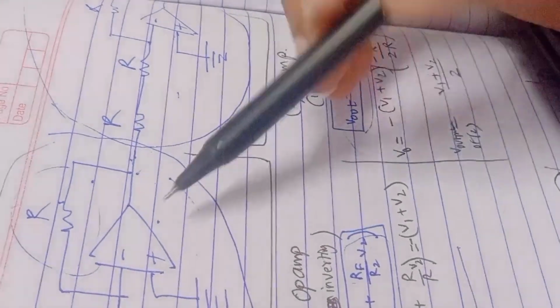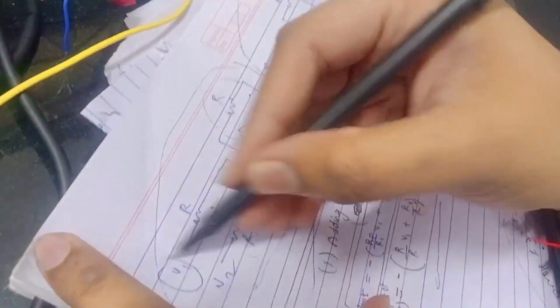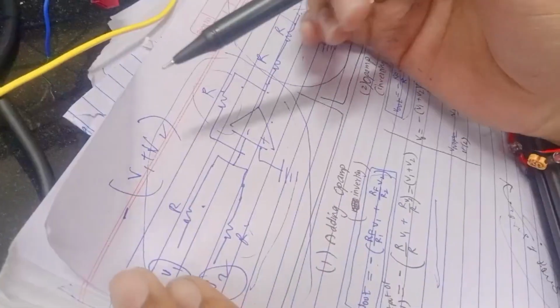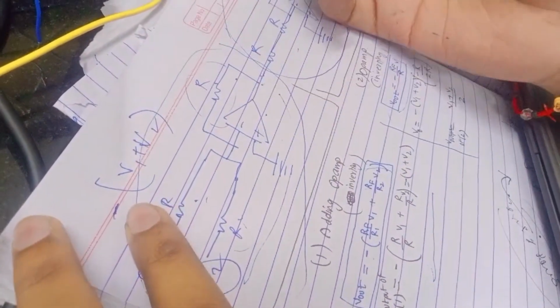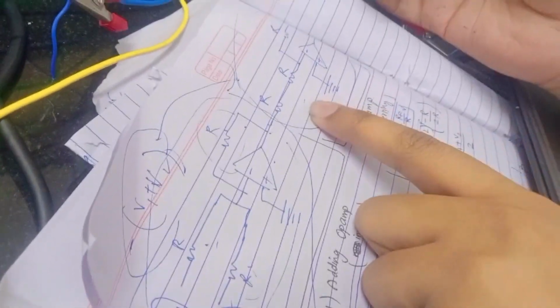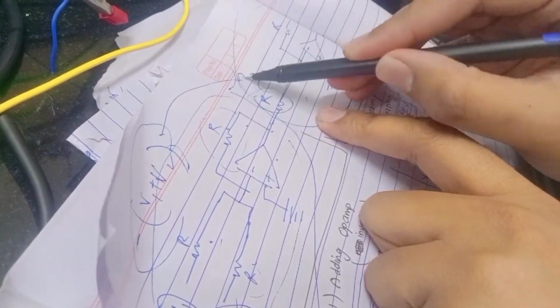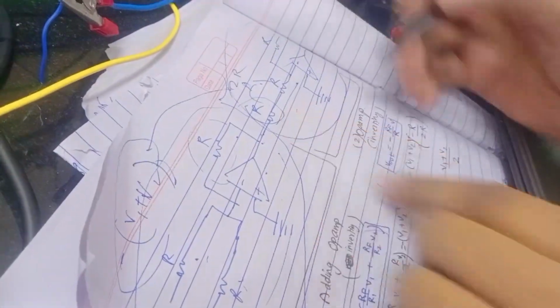So the logic here is, first this adder circuit adds two sine waves V1 plus V2, but we have a negative sign in front of it after the output. So we give this output to a general inverting op-amp circuit, where we have 2R as the series resistance and a feedback of R. So this gives an output like this.